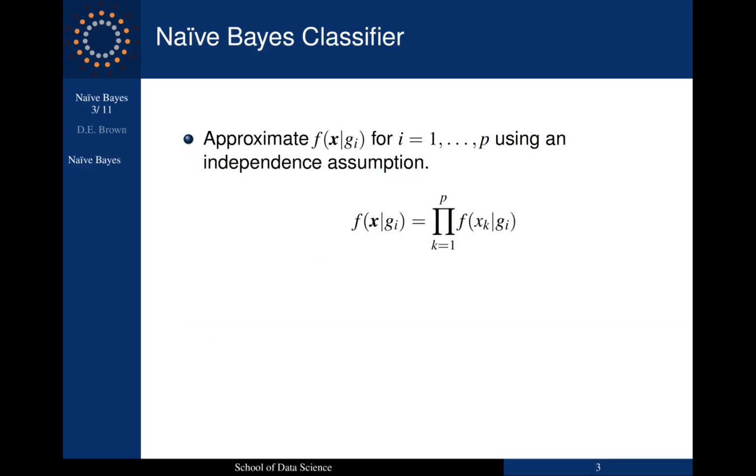Okay, so what is the naive Bayes classifier? Well, we start with this notion of the likelihood function, which is this f of x given g_i. So this is the likelihood of the data, again, given by this x, which describes the data that we have in our problem. And we have some classification, we have some label.